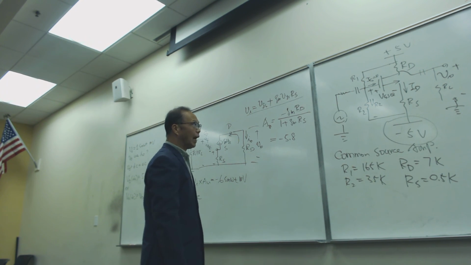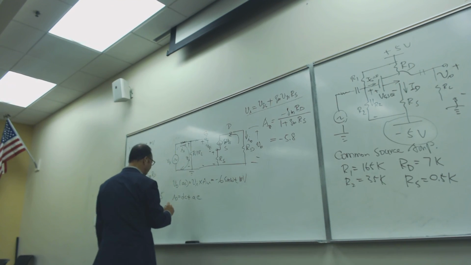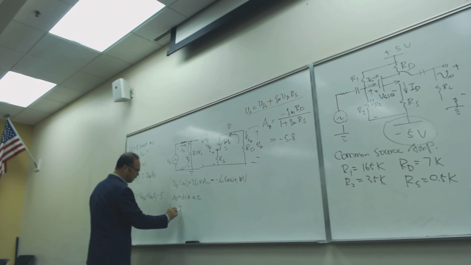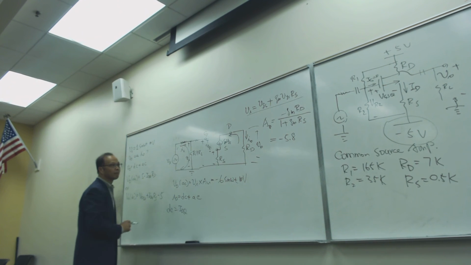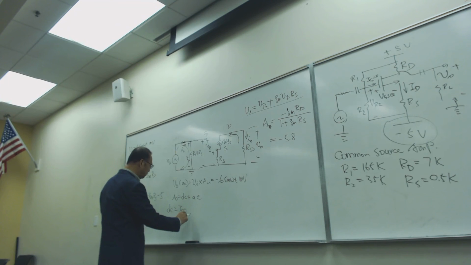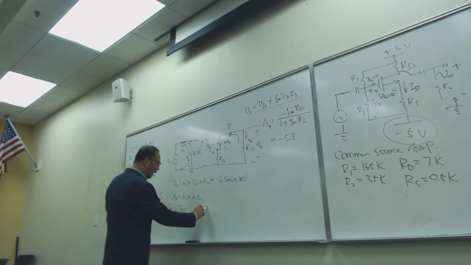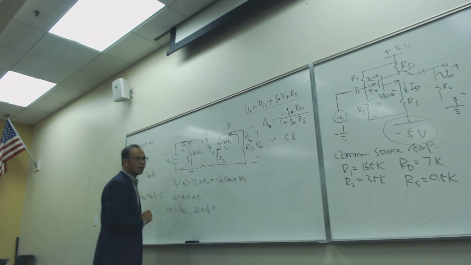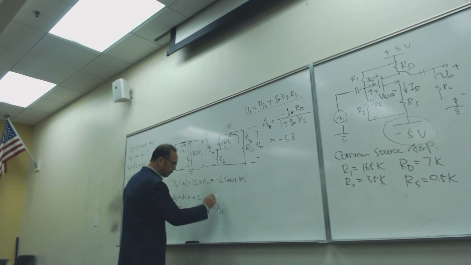The current is just IDQ, correct? So for the DC part, it's just IDQ, right? And for the AC part, it is I sub I times A sub I.